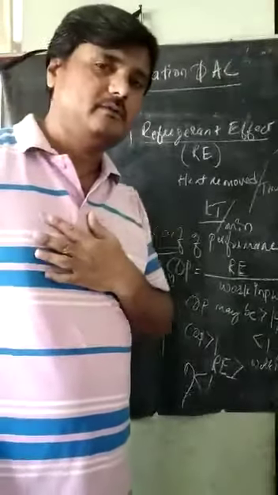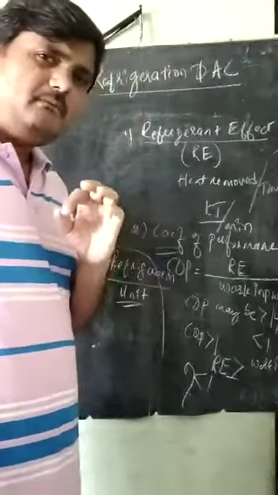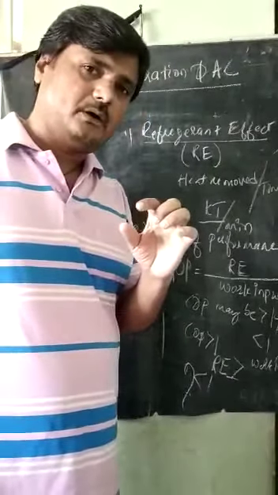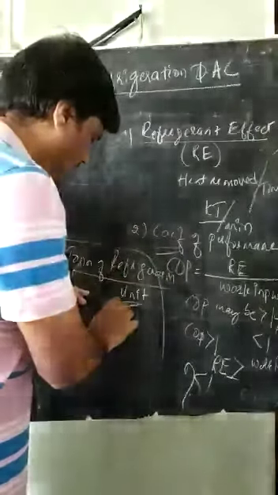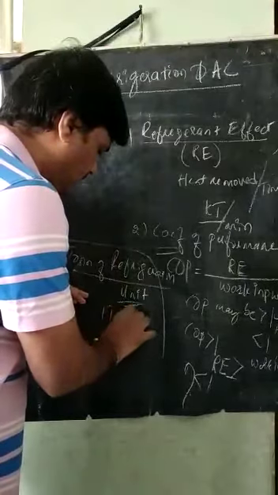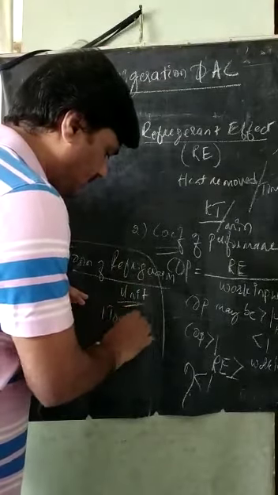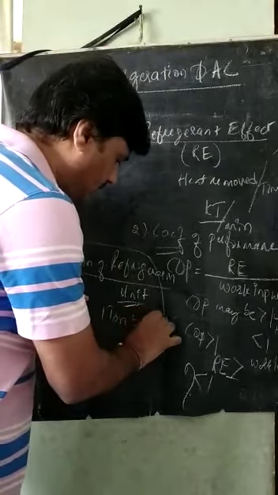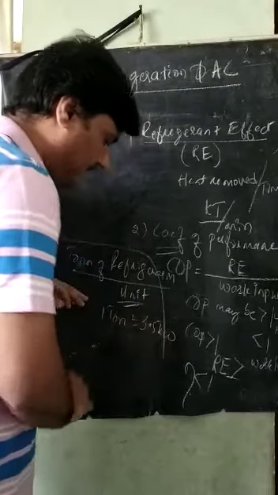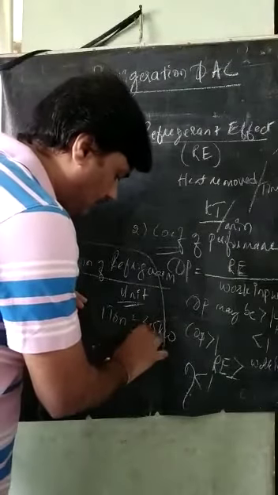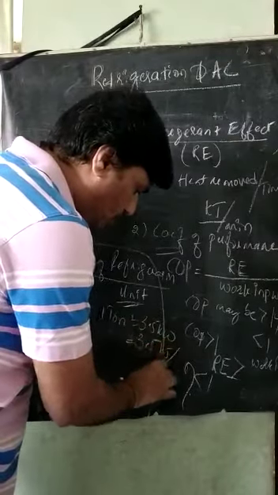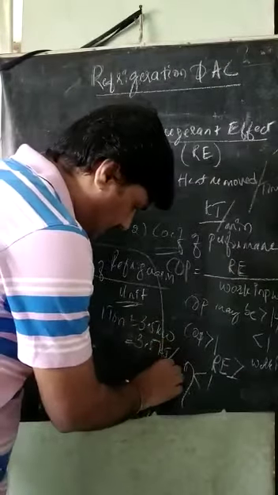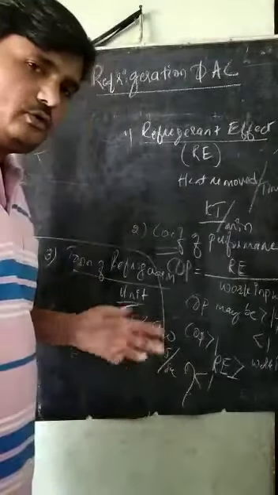Ton of refrigeration means one piece of data we have to remember. 1 ton of refrigeration is equal to 3.5 kilowatt. 3.5 kilowatt means 3.5 kilojoule per second.